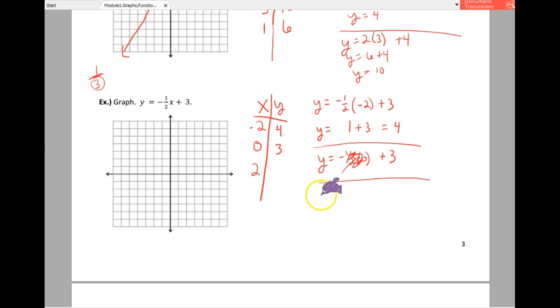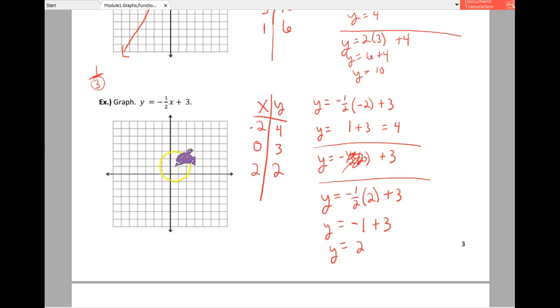Last, I'm going to plug in +2. Negative 1/2 times a positive 2 plus 3. Now, a negative times a positive will end up negative, and half of 2 is 1. Negative 1 plus 3 is a positive 2.